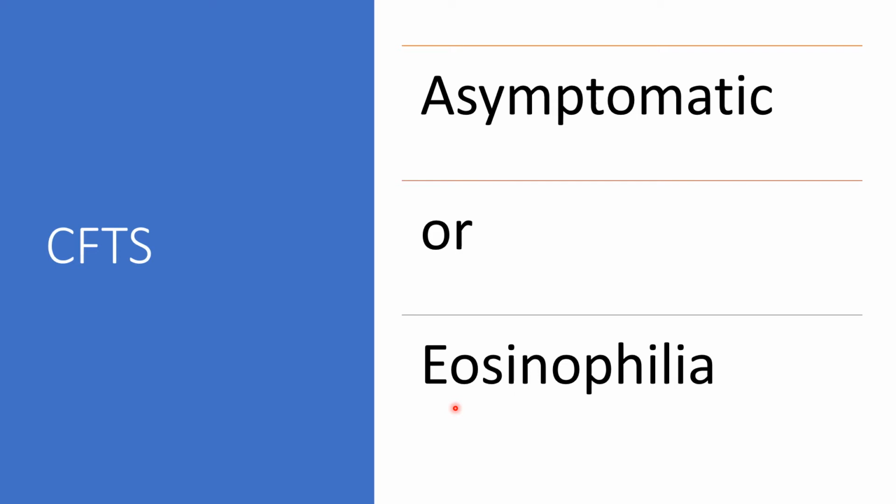The next thing is to suspect the travel history, and if the travel history has led you to the endemic zone, then begin to suspect schistosomiasis. So the first clue in travelers now back in the non-endemic zone will likely be eosinophilia.